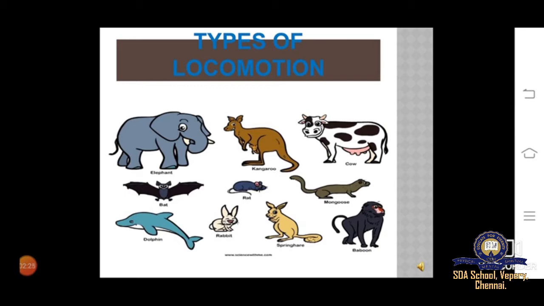Springer is also a type of dog. And then baboon. Baboon is a type of ape. So these are the different animals. Other than these, we have many more animals, and each moves differently. Here we are going to see movement. Movement and locomotion are both the same.